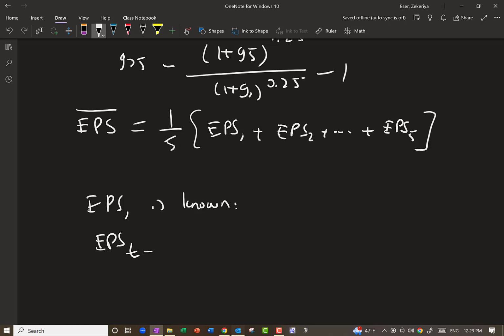EPS T plus 1 equals EPS 1 times 1 plus G24 to the power T, where T is between 1 and 4, I'm saying. So if you want to predict the second year earnings, take the first year earnings, grow it by G24, then the same, okay? Then take their average.